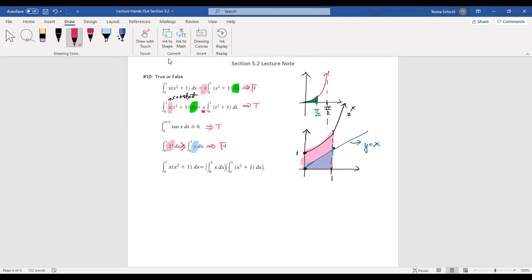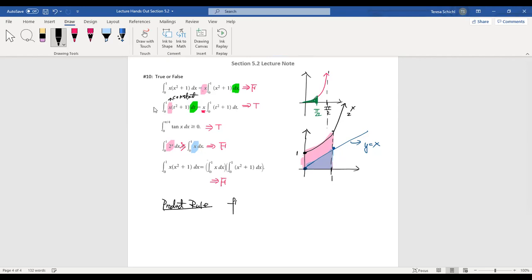Okay, so now the next one here, this is very important. Let's say the integral of x times x squared plus 1 dx is equal to, you separate that, then you integrate each. So this is true or false? This is false here. This is the same idea as when we use the product rule for the derivative. So you remember that, right?